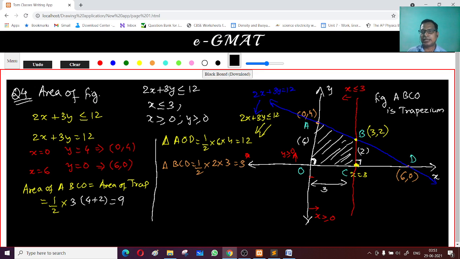So the shaded area, the area of ABCO, is 12 minus 3, the bigger triangle area minus the smaller triangle area. So that is 9 square units. Like that we can find the areas, right? This is 9 square units.